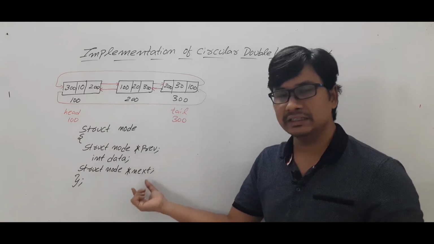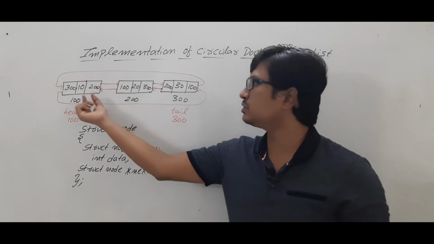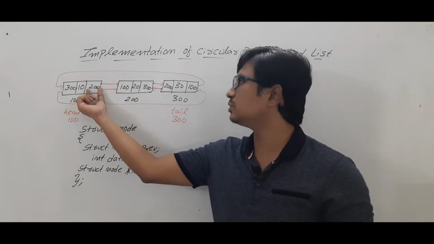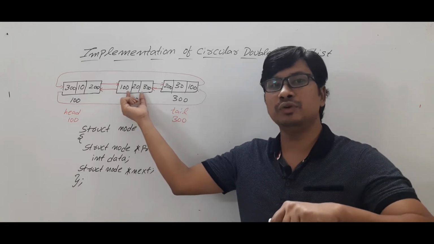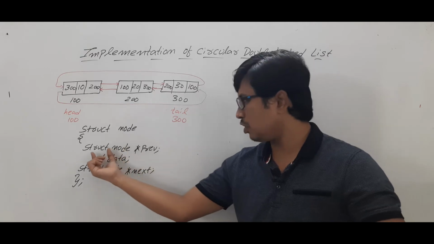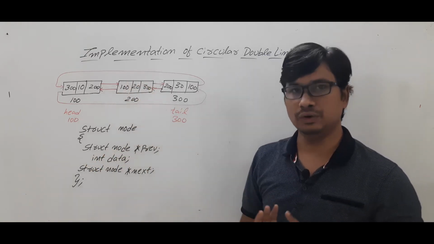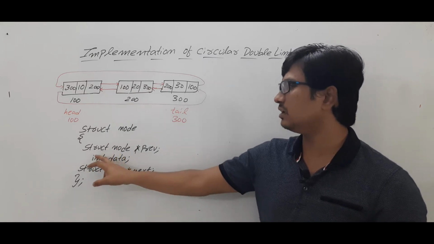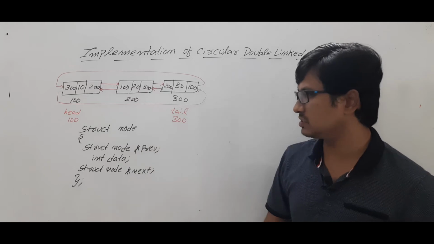Now, these pointers, previous and next, are storing the address of a node. Suppose look at here, the address of the next node is having the address of a node. What type of node is it? A struct node. So this pointer's data type also should be struct node so that it can store the address of a node. So that's why we have given the data type as struct node and the name of the pointer as previous.